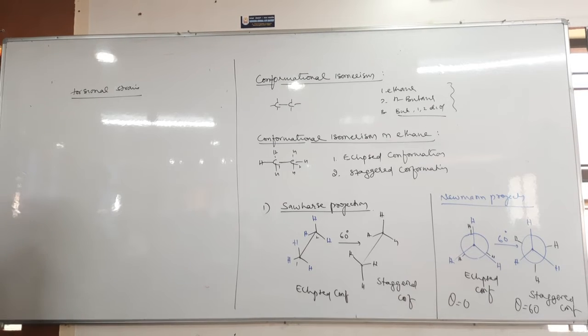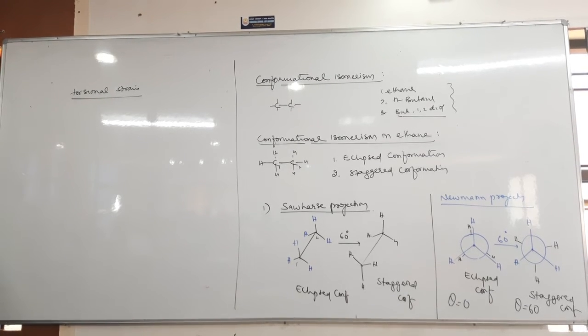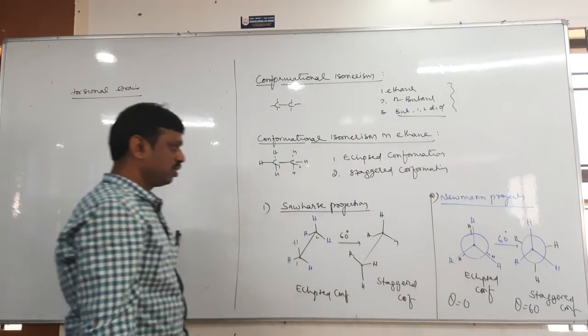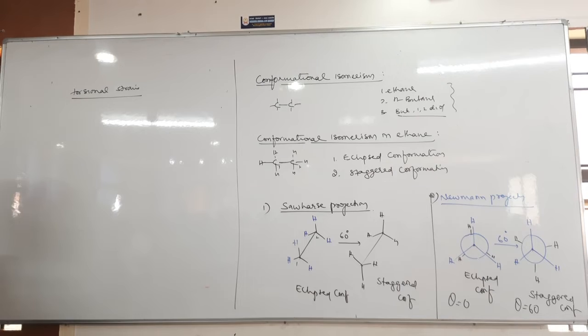Next, conformational isomers can be represented by 1, Sawhorse projection, and 2, Newman projection.